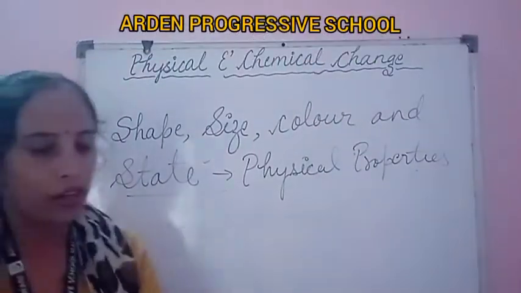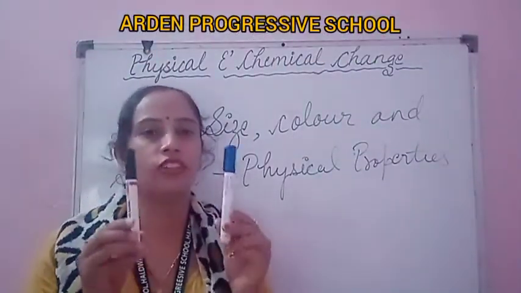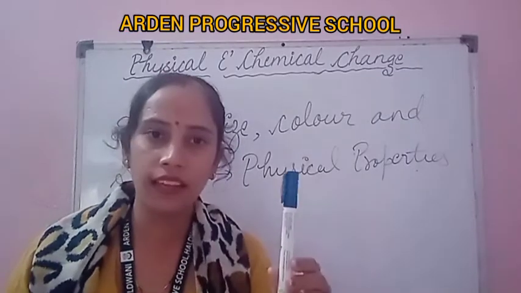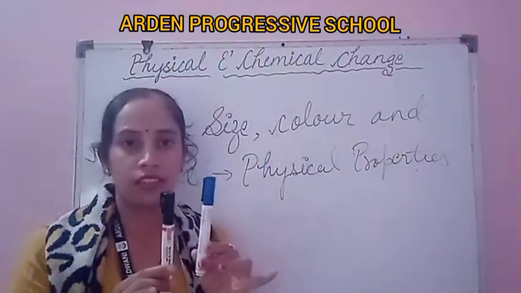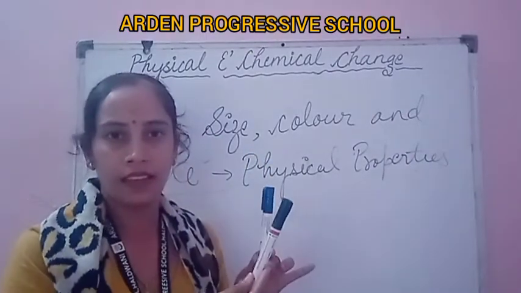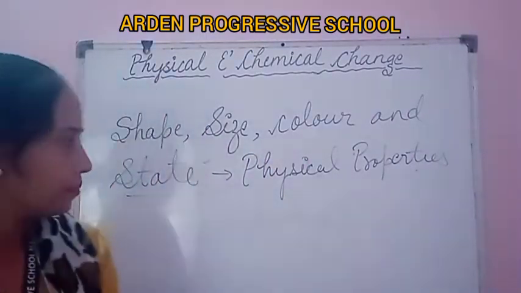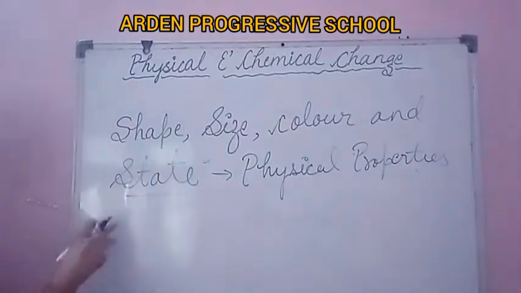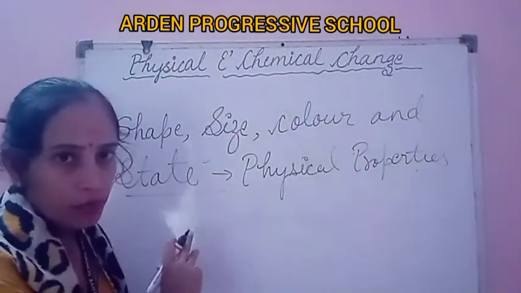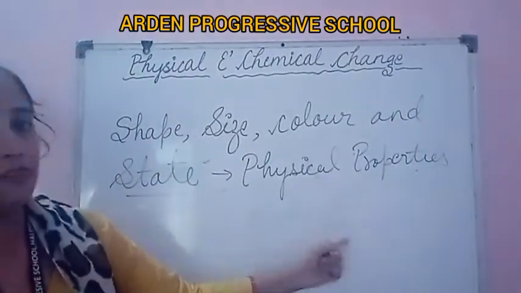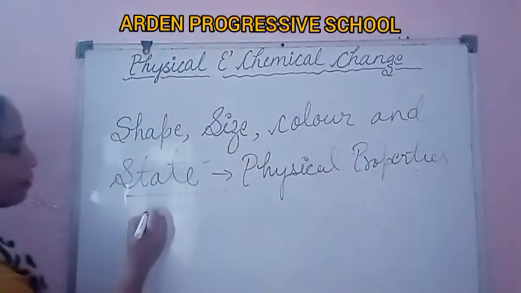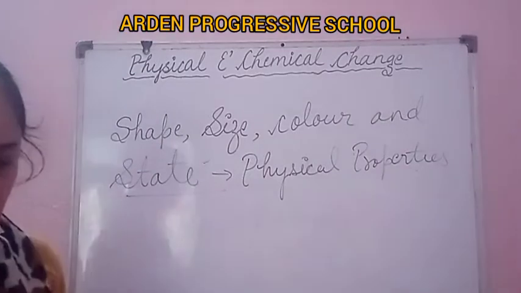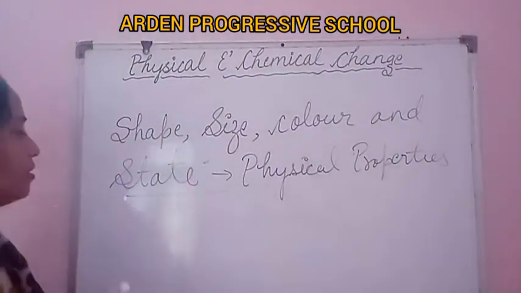Clear? So here you can see these are the two markers. One is blue in color and the other is black in color. This is also a change you can see by your eyes. Clear? And so these kinds of changes which take place in the physical properties of the object are known as physical changes.